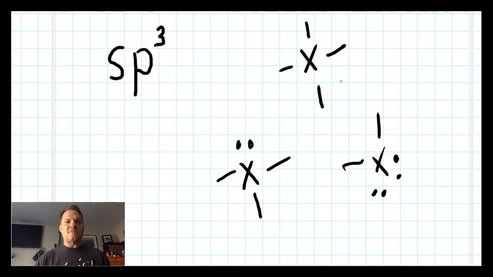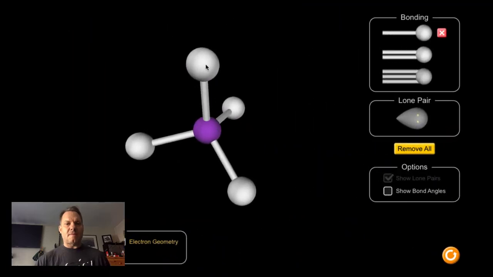When we're dealing with our sp3 hybrids, we actually can have 3 different shapes here. 4 bonding pairs, 3 bonding pairs and an unshared pair, and 2 bonding pairs and 2 unshared pairs. So those would be possibilities for having sp3 hybridization in our central atom. And we would end up with this fun shape here.